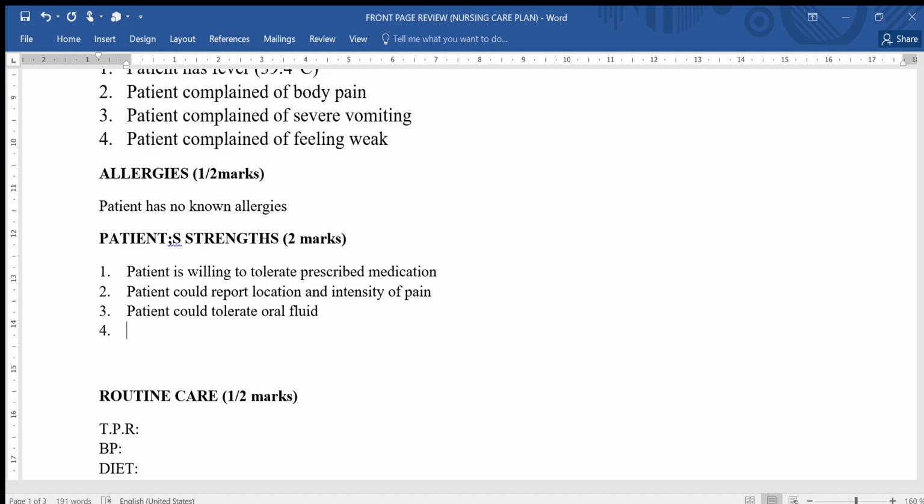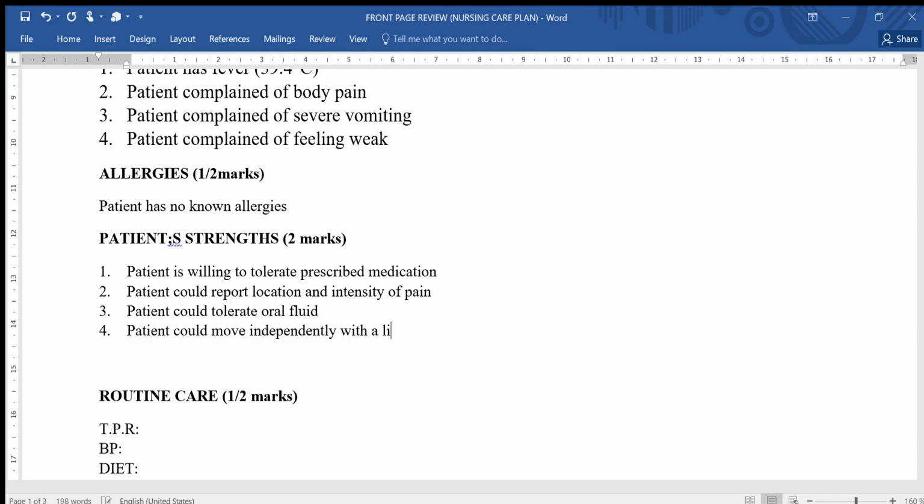So we can say that patient could move independently with minimum assistance.